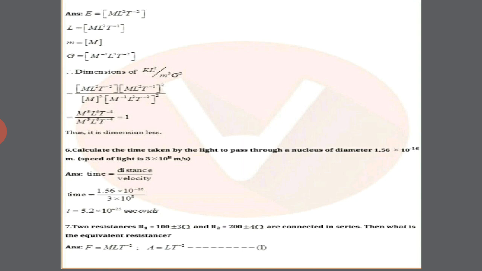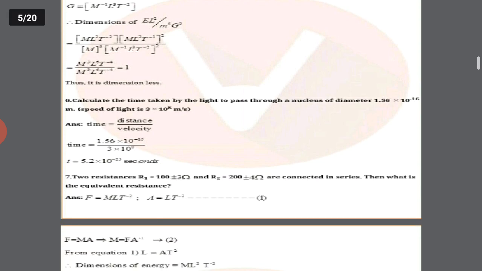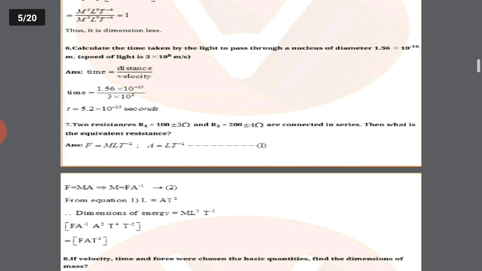So F is equal to MLT⁻², A is equal to LT⁻². Question first, F is equal to ma. M is FA⁻¹. Then from equation 1, L is equal to at².